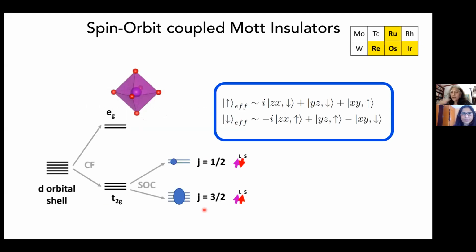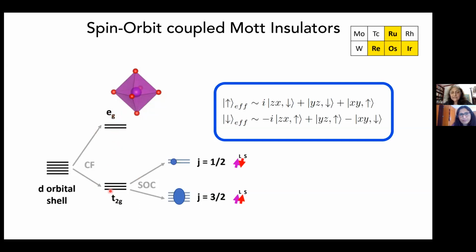So you want a large U, which basically gives you a Mott insulator. And then you're looking at these transition metals, 4d and 5d. This transition metal is sitting in an octahedral cage, which splits the 5-fold degenerate d orbitals into a 3-fold degenerate t2g and a 2-fold degenerate eg.